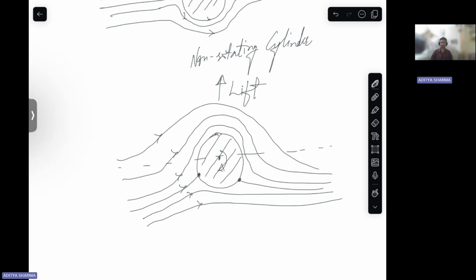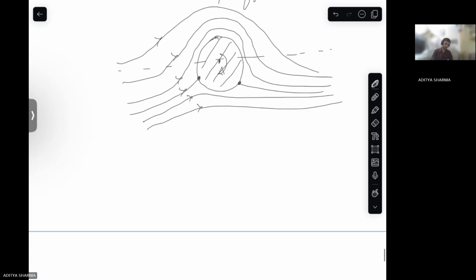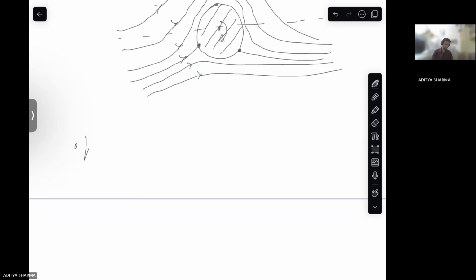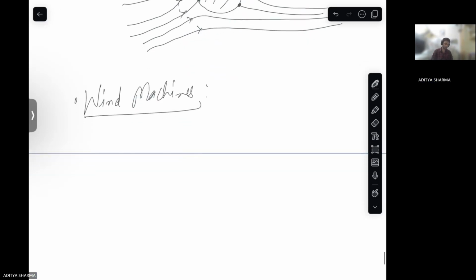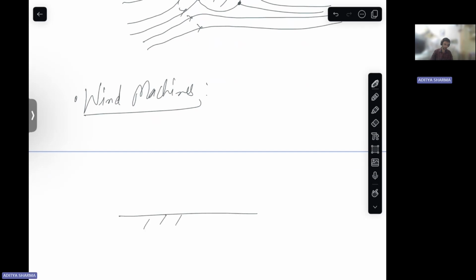Then there are your wind machines. So your wind turbines can be horizontal axis or vertical axis. So if this is the ground, this is your turbine, this is the axis.